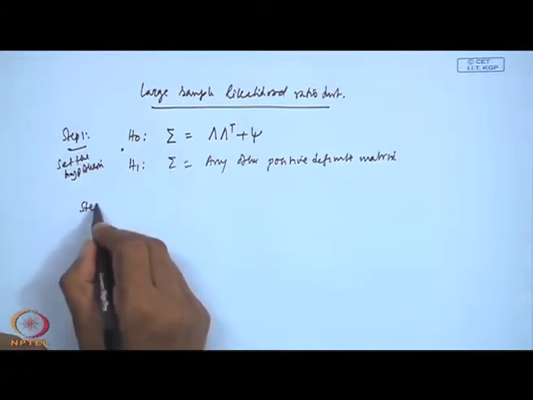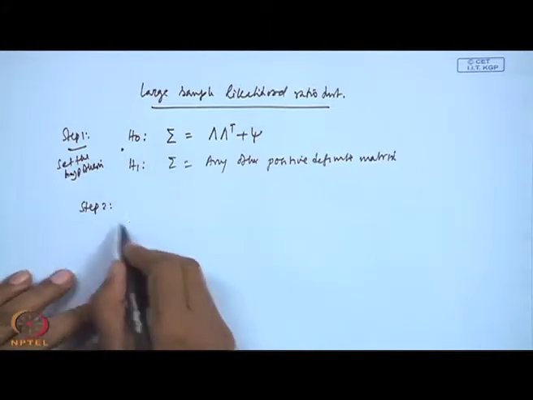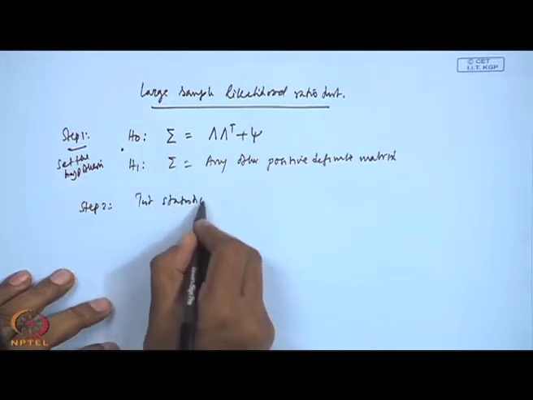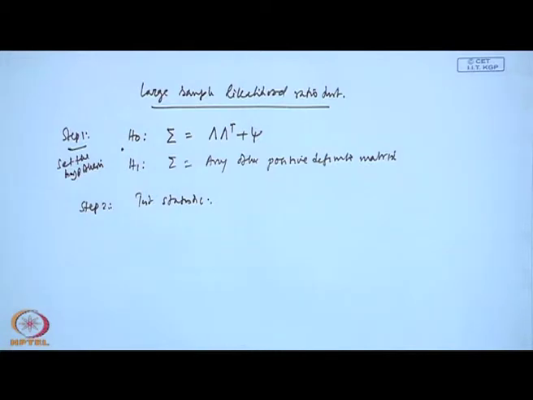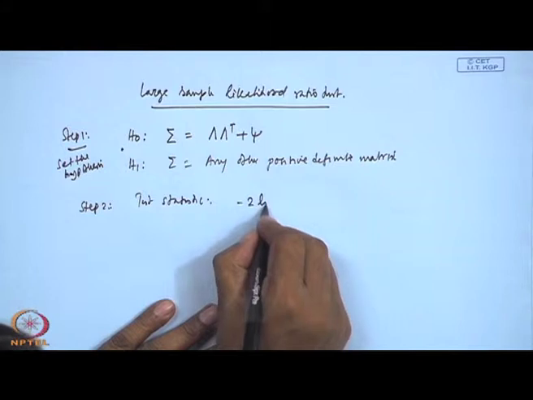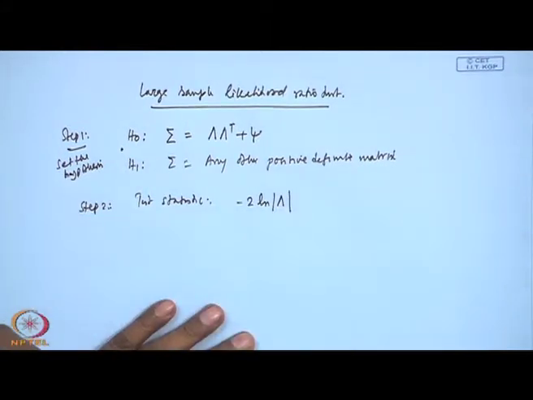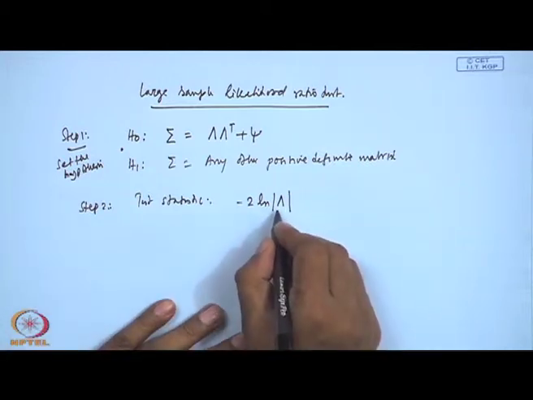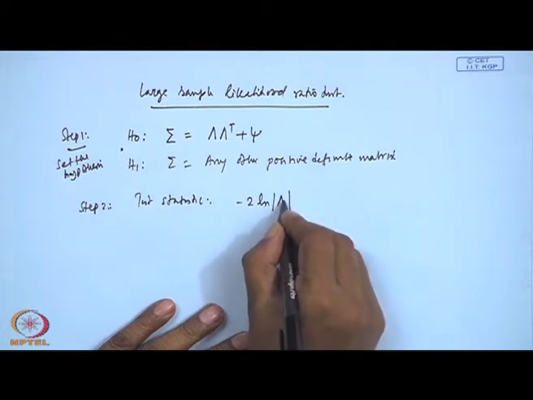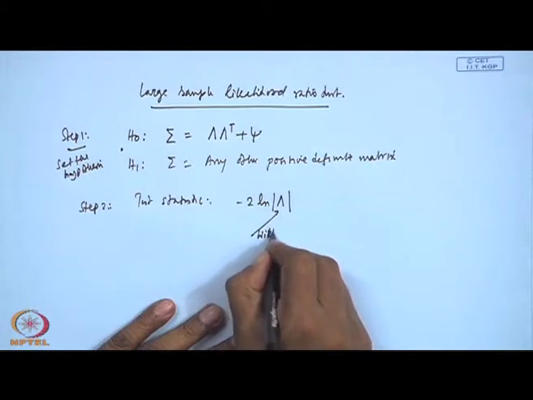Your step 2, you have to find the appropriate test statistic. As I told you, it is the log likelihood ratio, so minus 2 log capital lambda. This is basically similar to the Wilks lambda you have seen earlier.